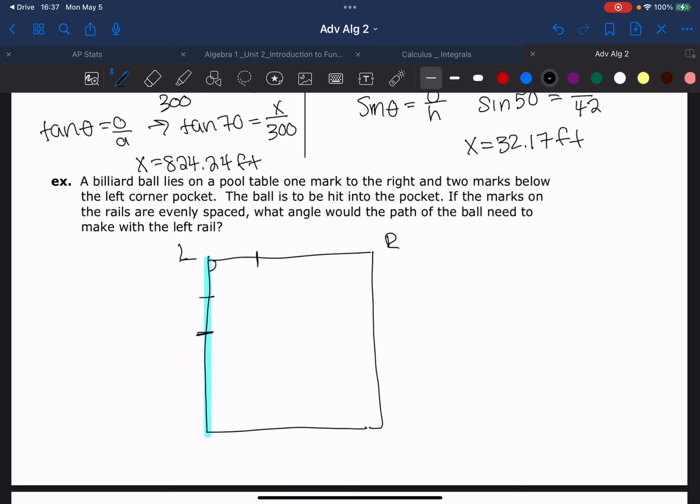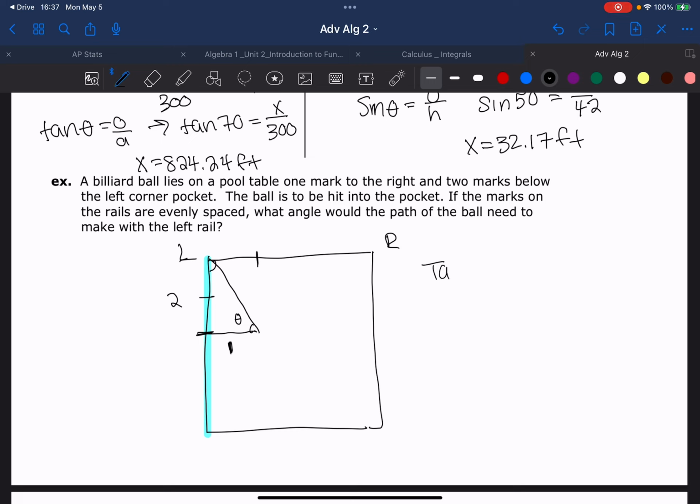Which means we would have to find the angle right here, this angle theta, in order to find what would be the perfect angle to go into that left top pocket. Okay, so we have this distance as 1 because we're 1 mark and this distance as 2, which means from the angle we have adjacent and opposite, and we know adjacent and opposite is tangent.